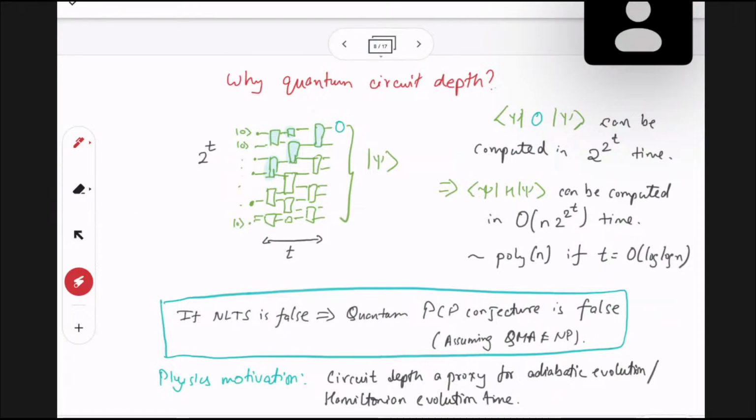How do you check whether the state prepared is a low energy state? Oh, just measure the energy. It's a theoretical question in the sense that there's no algorithmic aspect to it, but you can still ask that question. That's a valid question as to how you really check the energy. So you just go ahead and measure it.